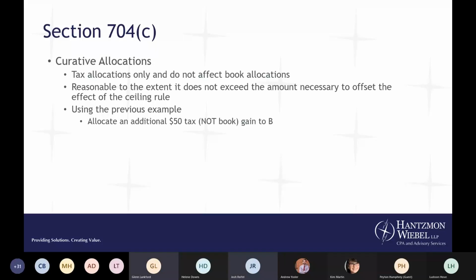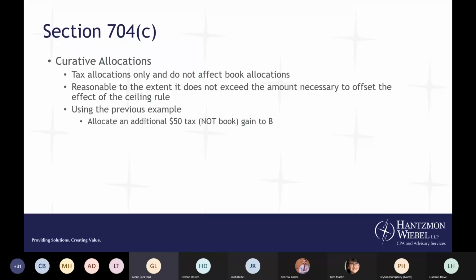And the reason, as Josh said, that these 704C curative allocations are tax allocations only is that these allocations should not affect the economics of the deal. The tax rules can't affect the book allocations because the book allocations are the economic deal.